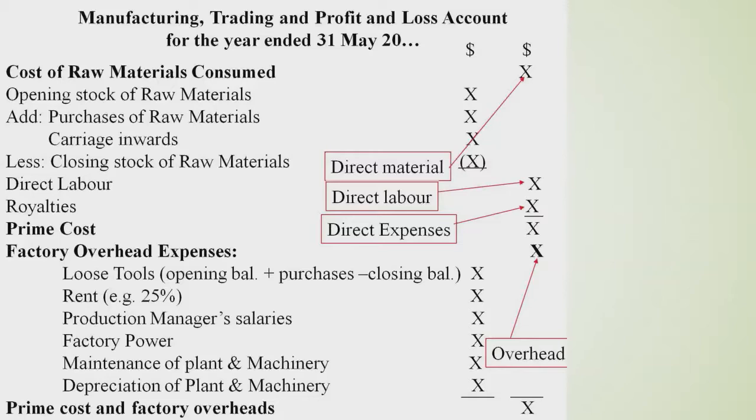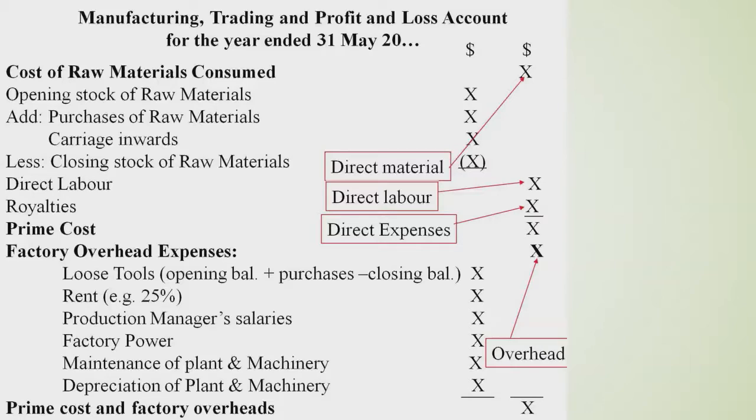We add direct labor, royalties, and then we get the prime cost. After we have calculated the prime cost, we add factory overhead expenses: loose tools, rent, production manager's salary, factory power, maintenance of plant and machinery, depreciation of plant and machinery.